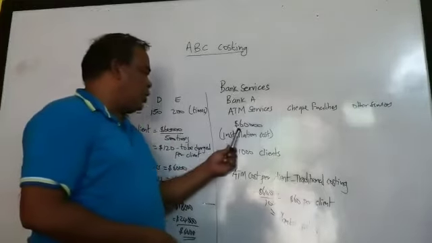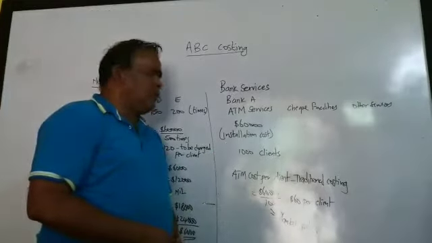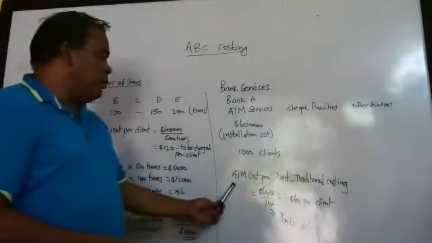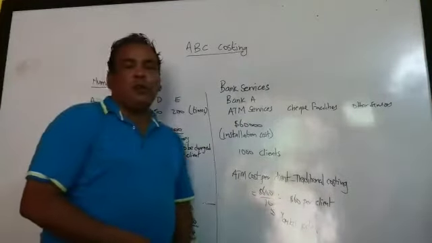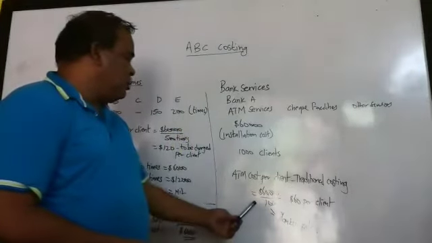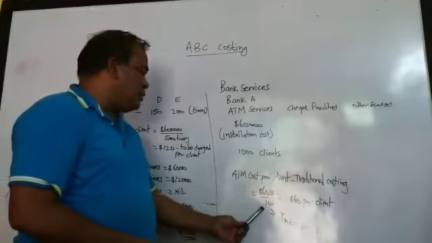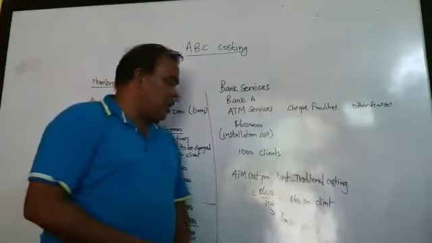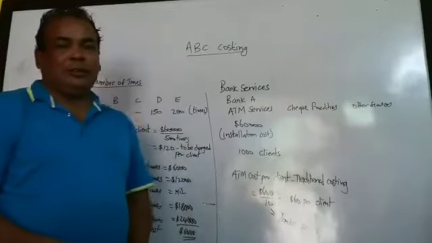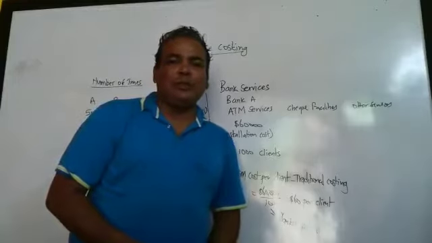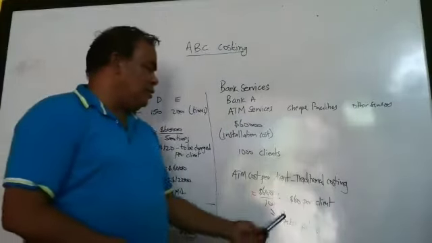So ATM cost per client, according to the traditional method of costing, will be divided by the blanket rate, that is 1,000 clients. So $60 will be charged to each client of the bank. That is, the account of the client will be debited by $60 per year.